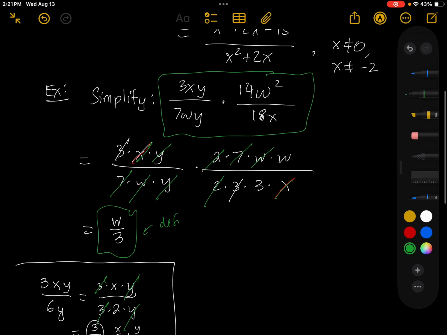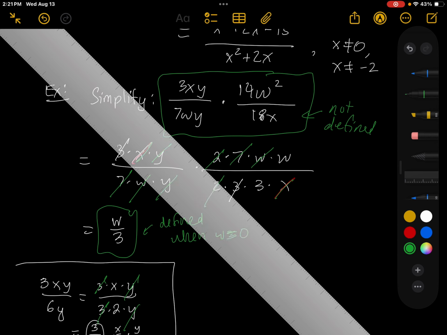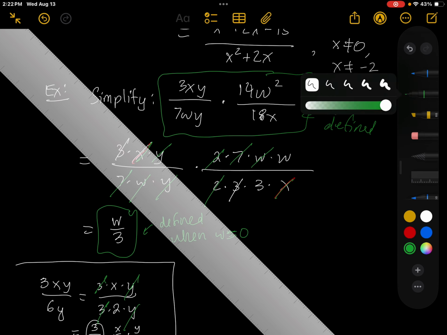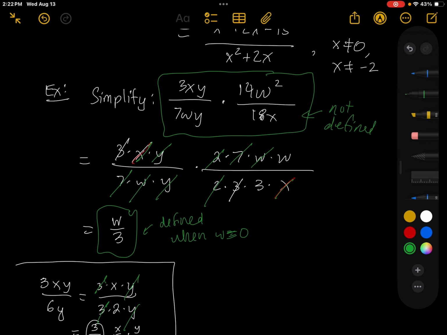If w is 0, you just get 0 over 3, that's 0. But this quantity is not defined when w is 0.